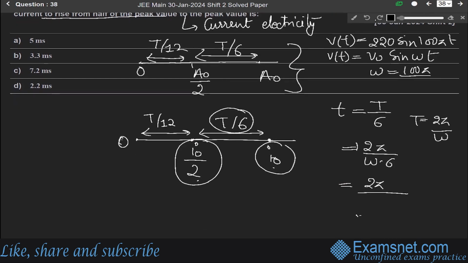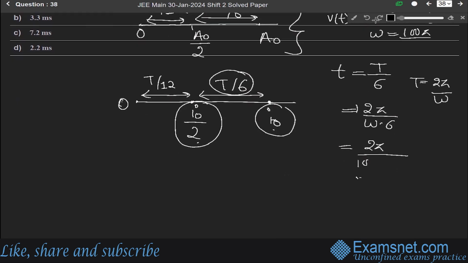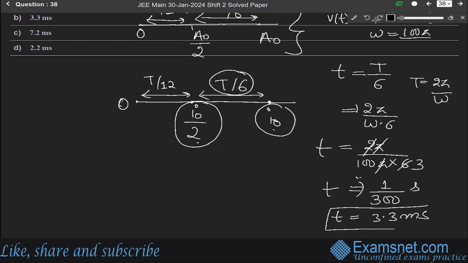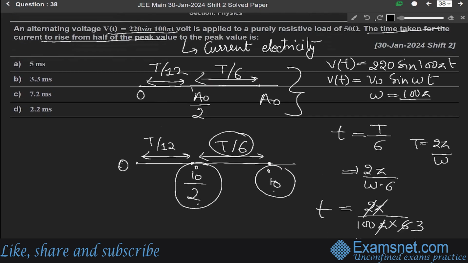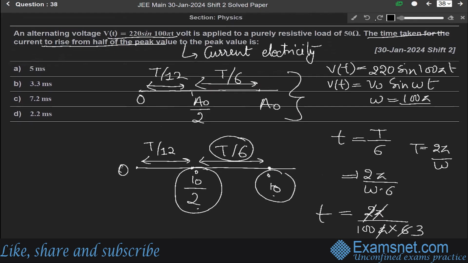So putting the value of omega here, 100 pi into 6, pi cancels. 2 threes are 6. So t will be equal to 1 over 300 second, meaning t is equal to 3.3 millisecond. So our correct answer is t equals 3.3 millisecond, meaning option B.